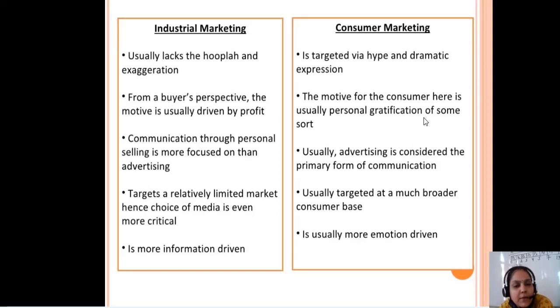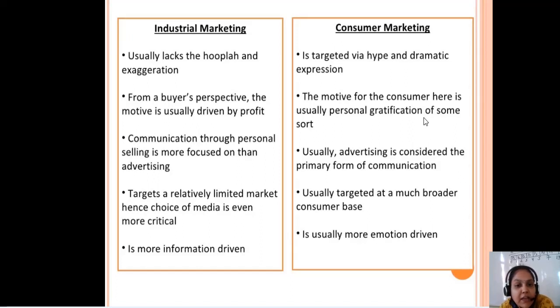Industrial marketing is more profit driven. But when you talk about consumer marketing, the motive for the customer here is usually personal gratification of some sort. Means you are just satisfying your own needs, the consumer is talking about their own level of things.